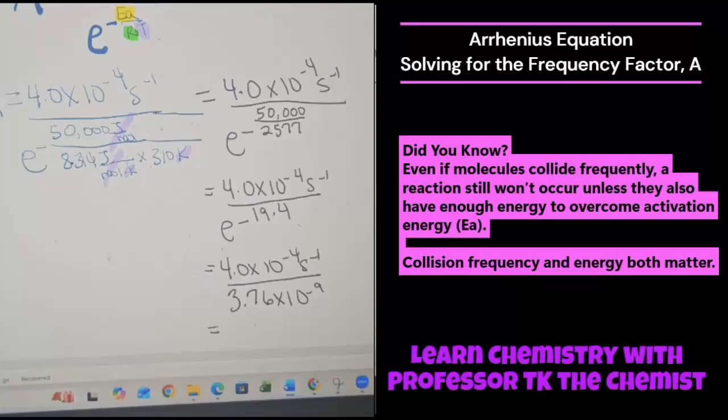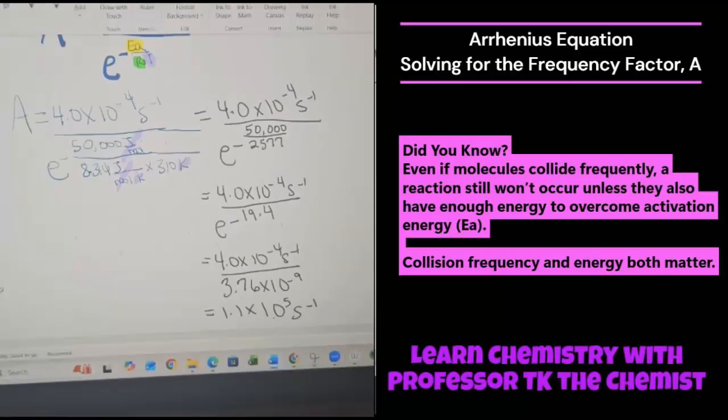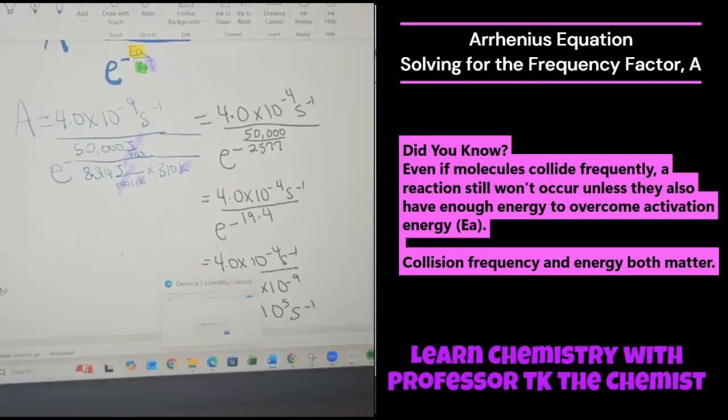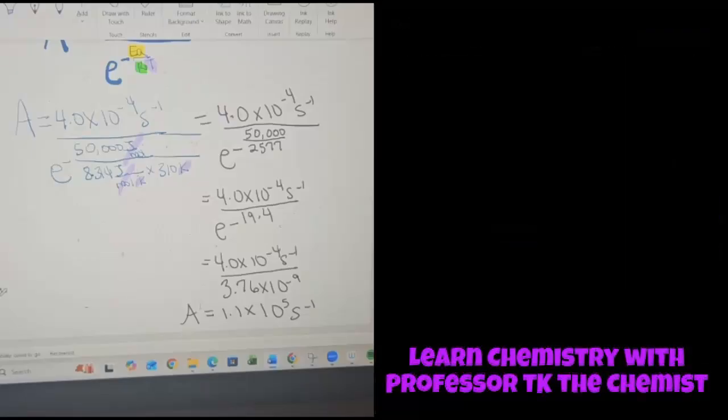And when I divide those two numbers out, I get 1.1 times 10 to the 5th per second. So that is my A. That is my frequency.